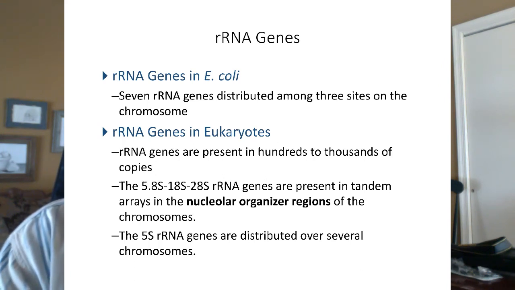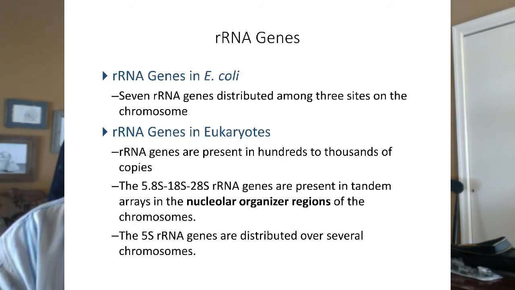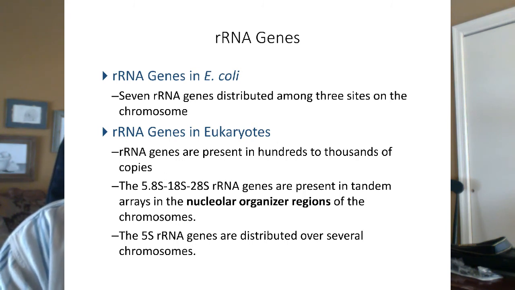They are always present in tandem arrays in the nuclear organizing regions of the chromosome, and the 5S ribosomal RNA genes are actually distributed over multiple chromosomes. So we really have a very, very different organizational structure between the prokaryotic and eukaryotic ribosomes.